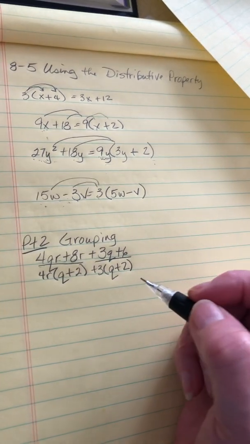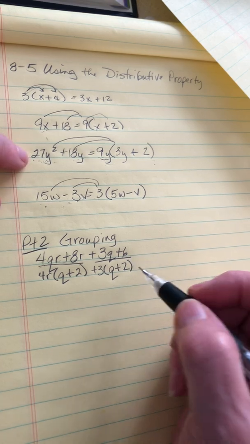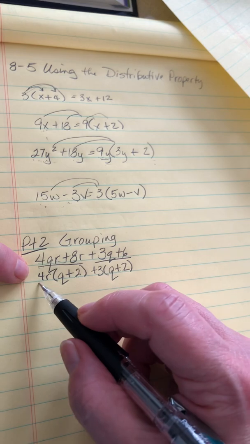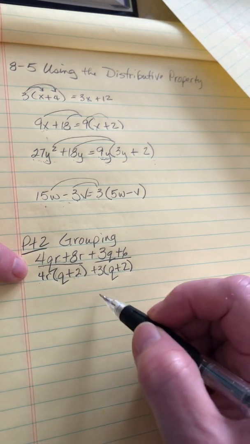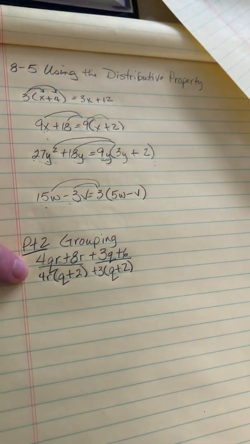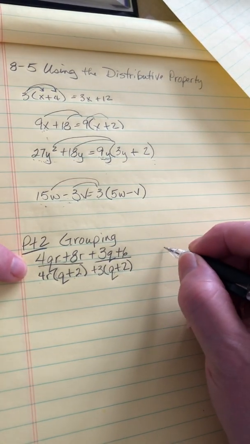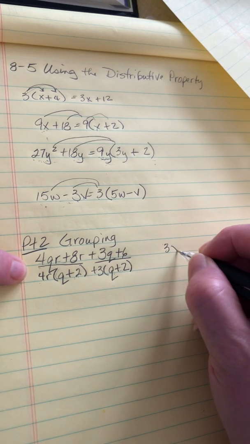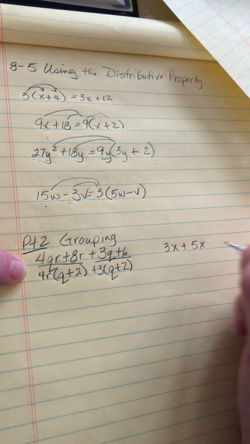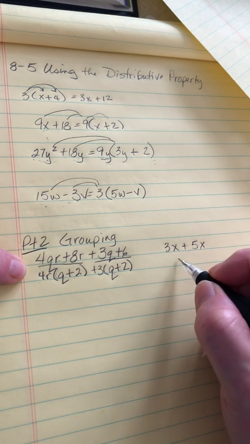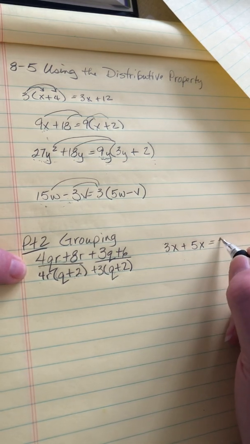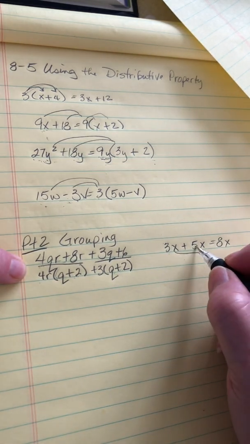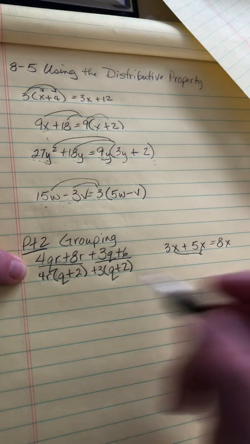Okay? Now, when I look at what I have, and I call this a chunk, just so you know, I've got 4r times the quantity q plus 2, and I've got 3 times the quantity q plus 2. And that's kind of like saying, well, I've got 3x plus 5x, and don't I add that and say 3 plus 5 is 8, so this is equal to 8x, because that greatest common factor comes out, so I can add 3 plus 5.